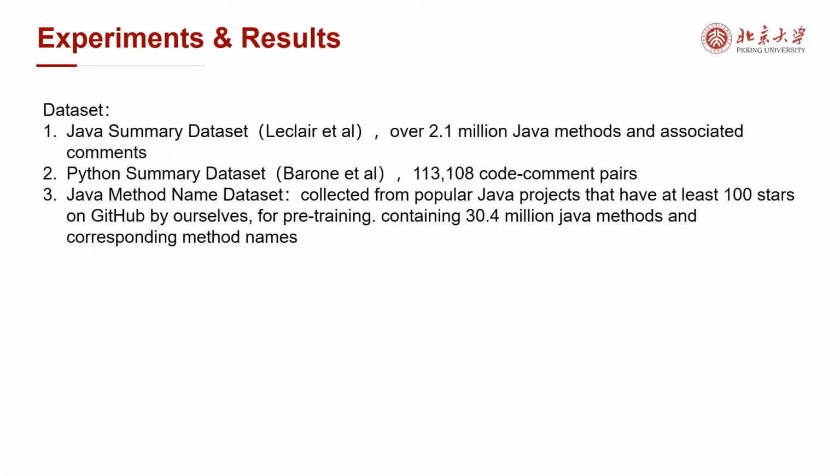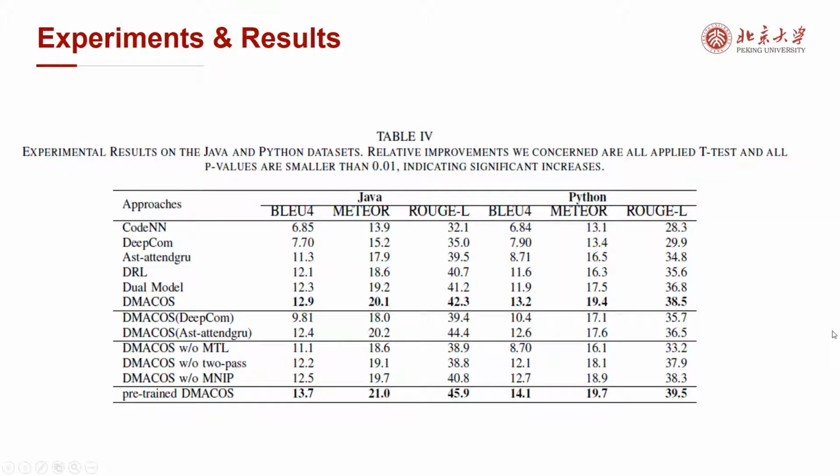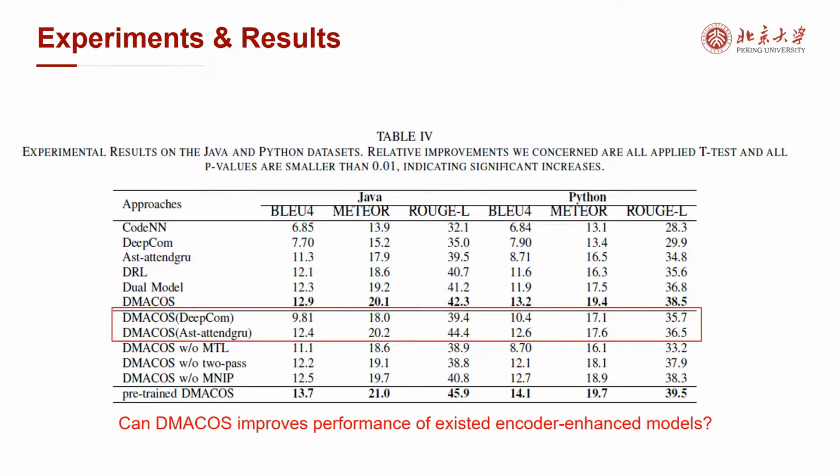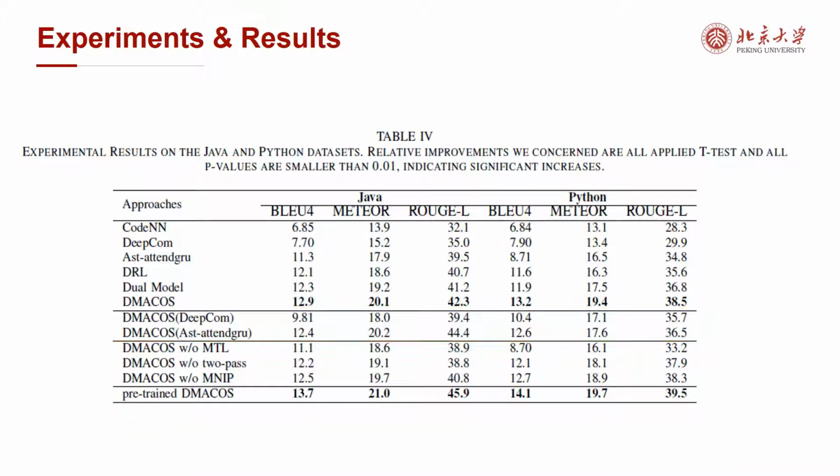For the dataset, we use Java and Python, and the large Java is collected for pre-training. Here are the experiments we did. First, we compare with others. Second, we applied our framework with existing code-enhanced models. It shows improvements. Third, we do an ablation study.